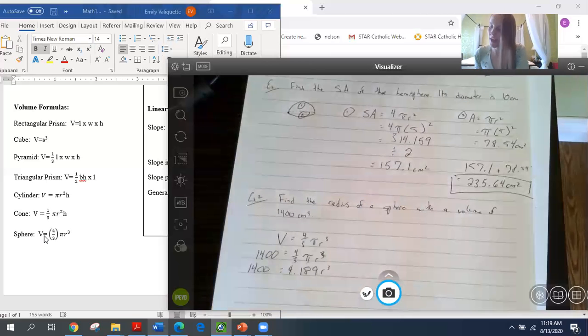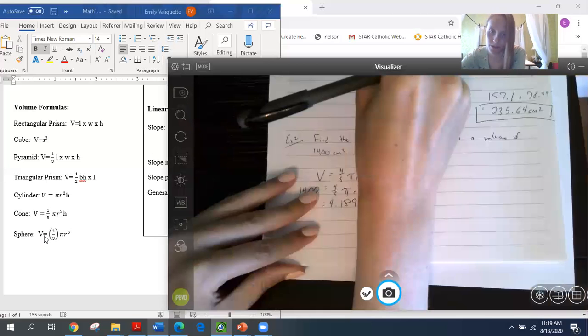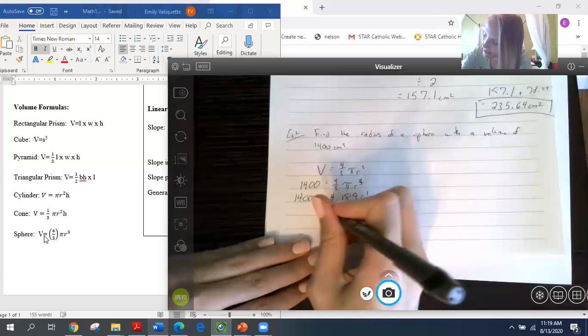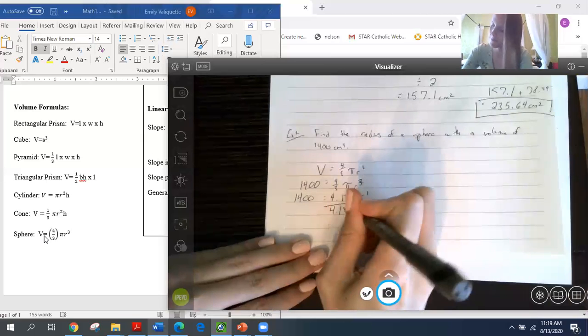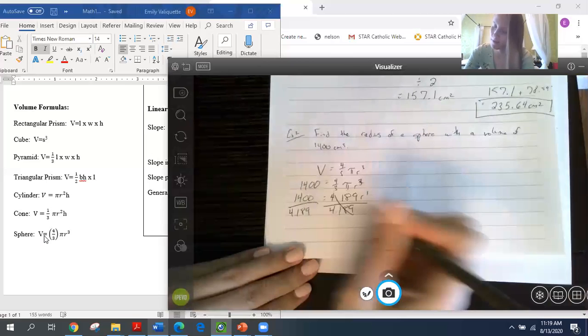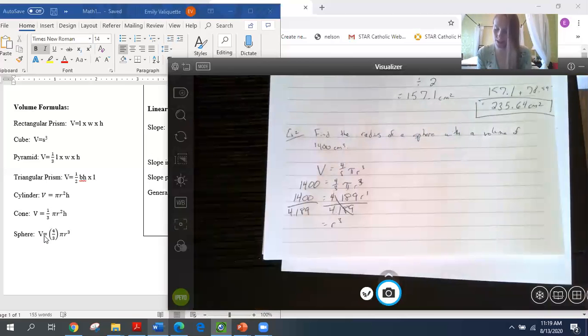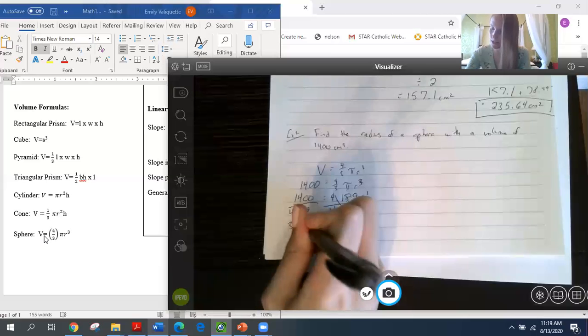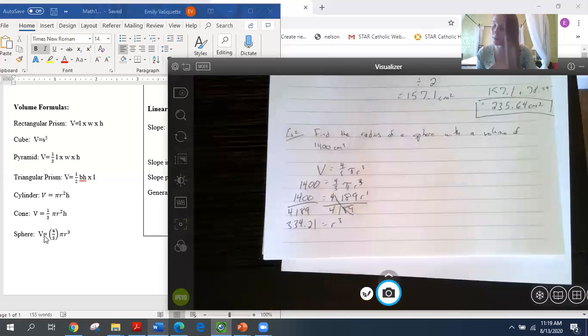And then to move that away from the r cubed, I am of course just going to divide. That leaves me with my r cubed on the one side, and 1400 divided by 4.189 is 334.21 approximately.